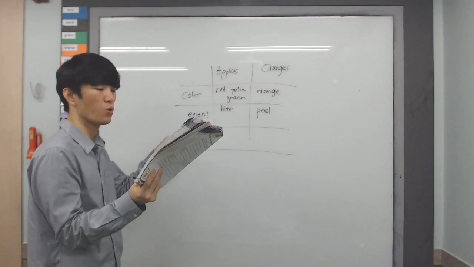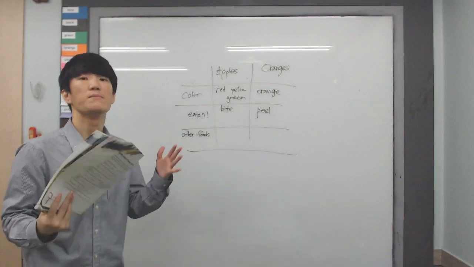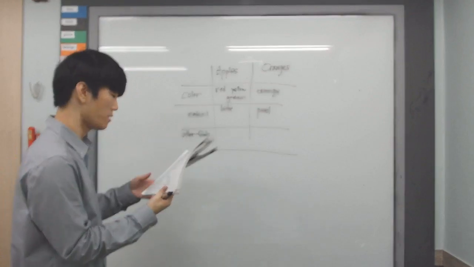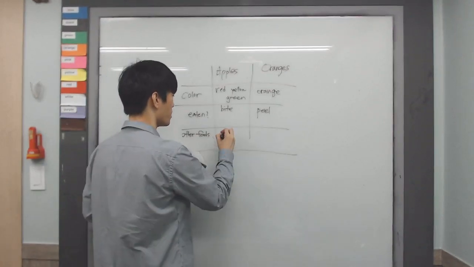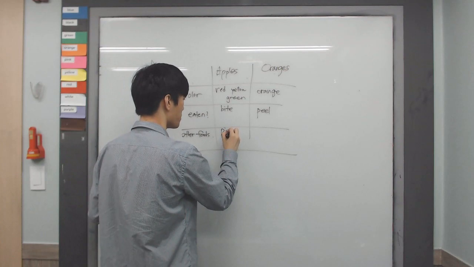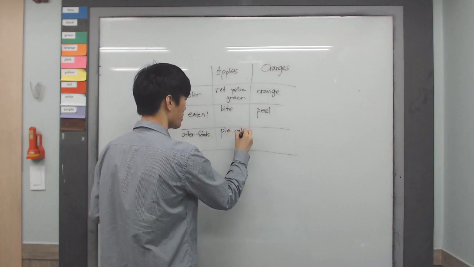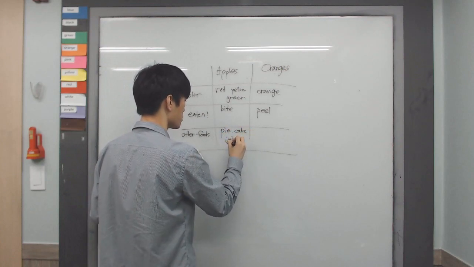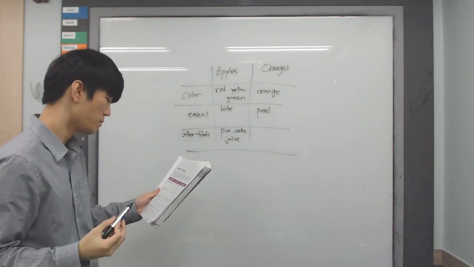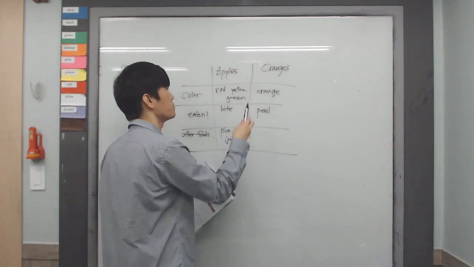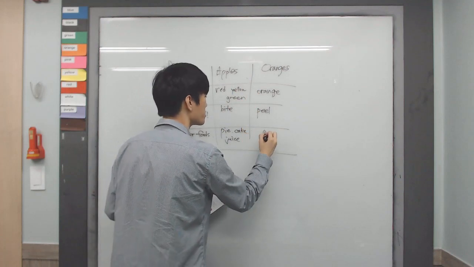And last question, what other foods can they be made into? Apples made into pie, apple pie, or cake, juice. But when it comes to orange, only juice.